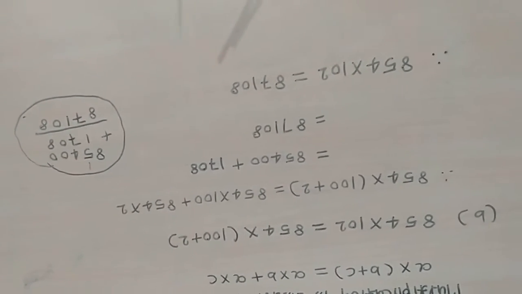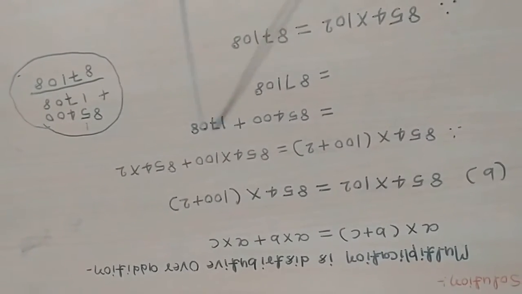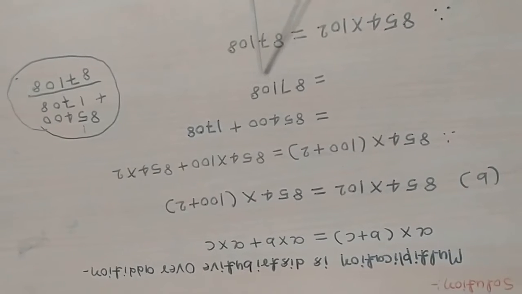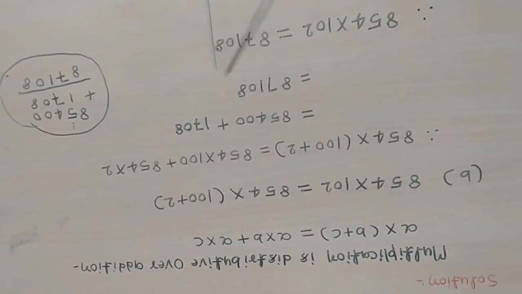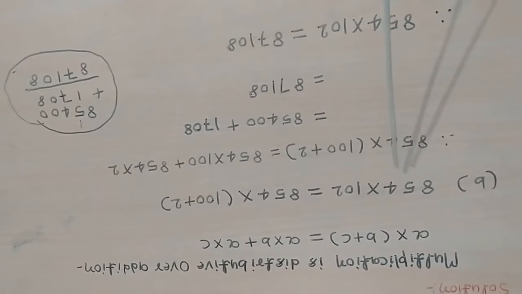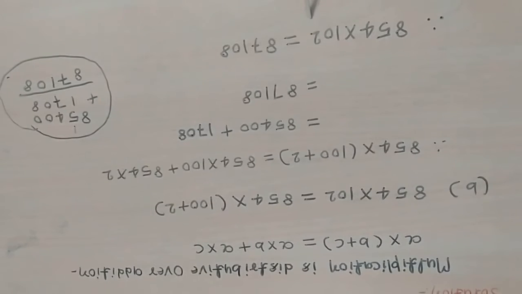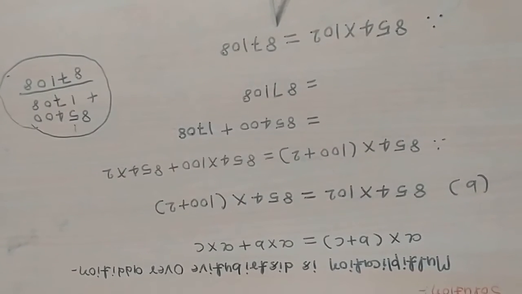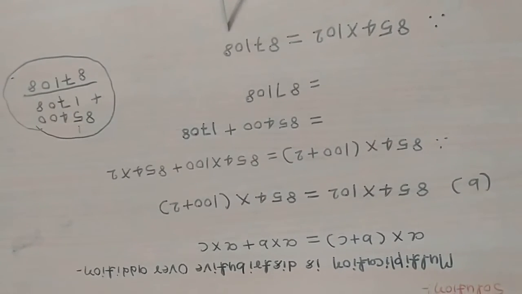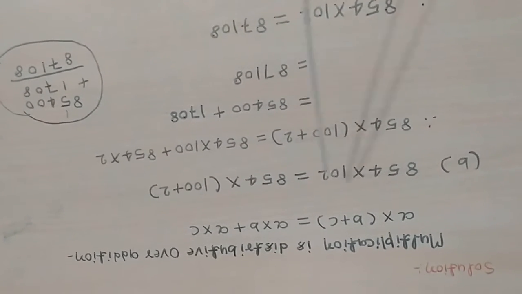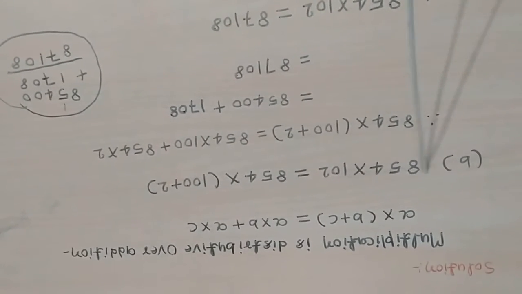So we obtain the sum of these numbers as 87,108. So you can see here the product of 854 into 102 is equal to 87,108. You apply these properties to solve this product.